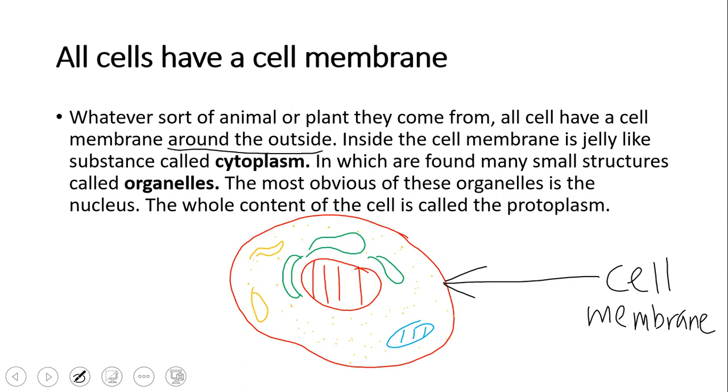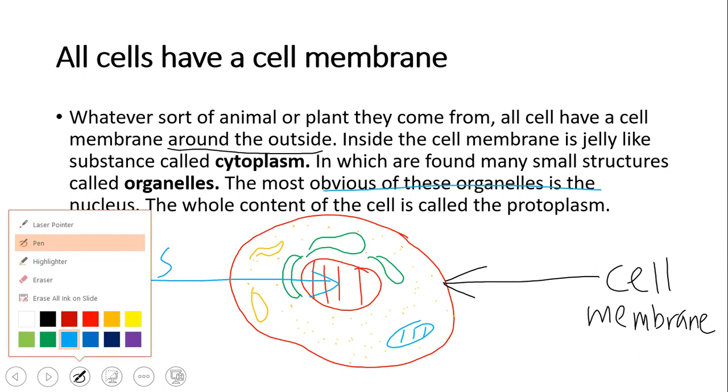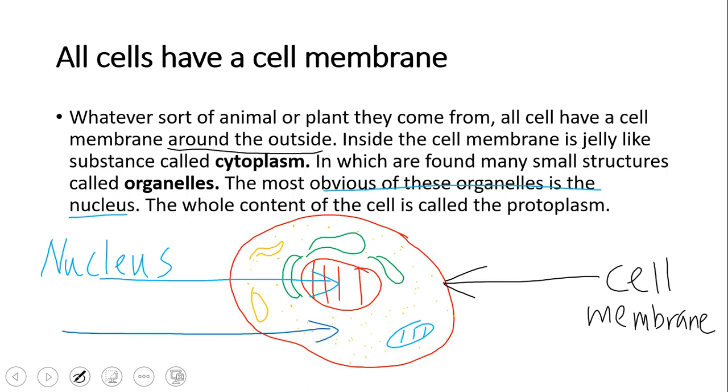Now, on the inside of the cell, we have the nucleus. That's the most obvious organelle, right? Inside of it, we have this part here. That's the cytoplasm. That's a jelly-like material.